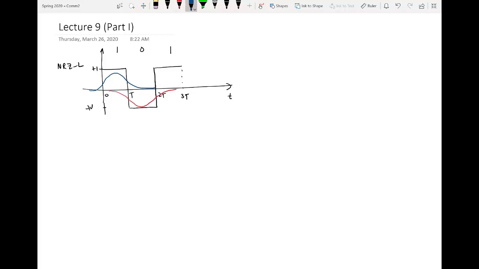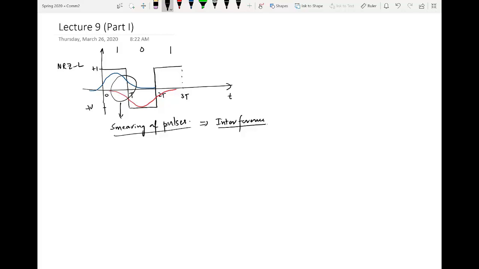In this portion you can see both the pulses are smearing into each other. This smearing causes interference, and this interference will result in distortion during the detection process. Overall, this phenomenon is called intersymbol interference.